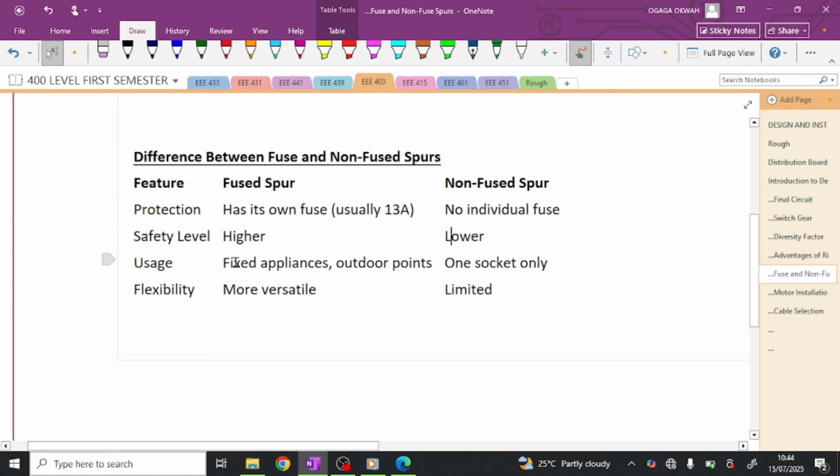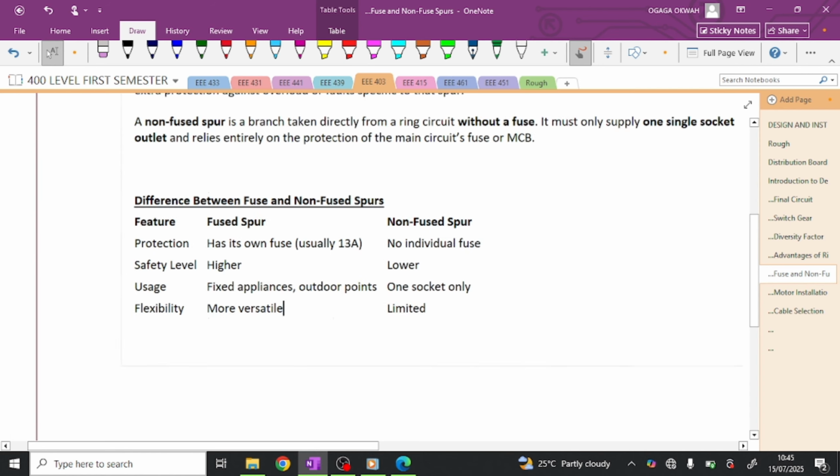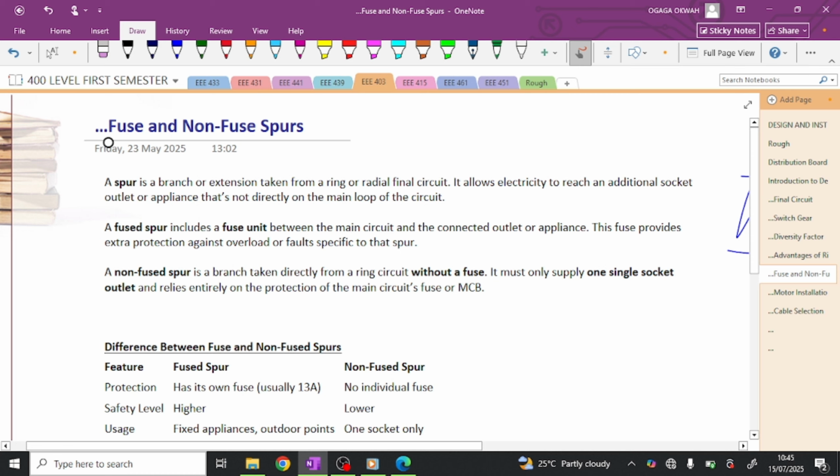For usage, fused is for fixed appliances, like outdoor points, while non-fuse is for one socket only. For flexibility, fused is more versatile, while the other is limited. I think we've said a lot in this video.